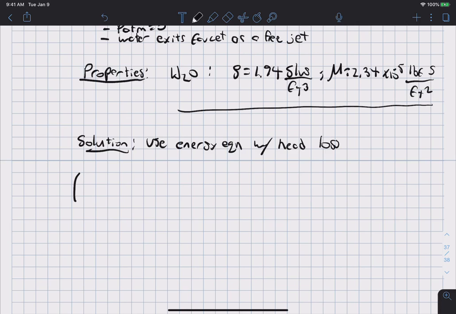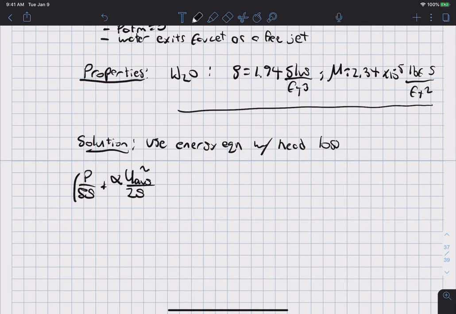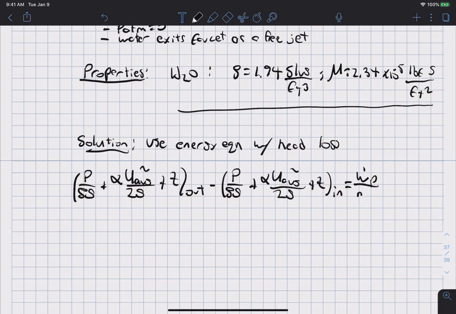So that in general is P over rho g plus alpha, which is that correction factor for the kinetic energy, times the average velocity squared over 2g plus z at the outlet of your piping system, minus P over rho g plus alpha times U average squared over 2g plus z at the inlet, and that's equal to any pumping work going in divided by m dot g, minus any turbine work going out divided by m dot g, minus the total head loss.